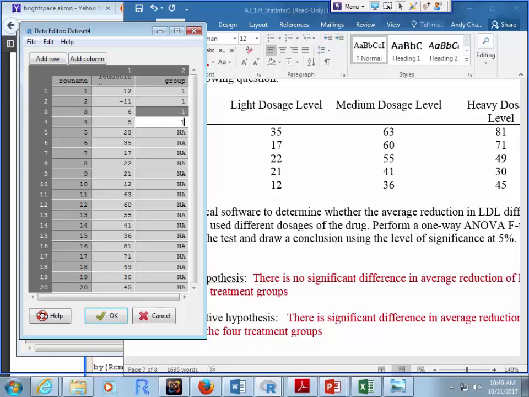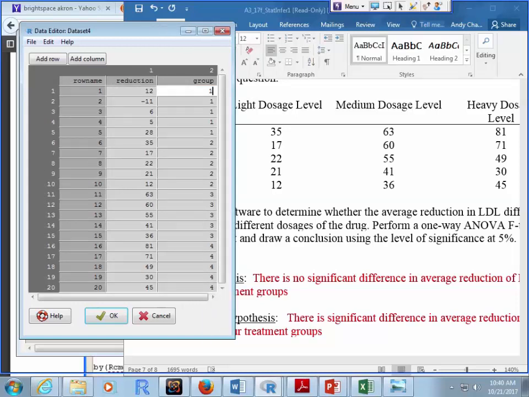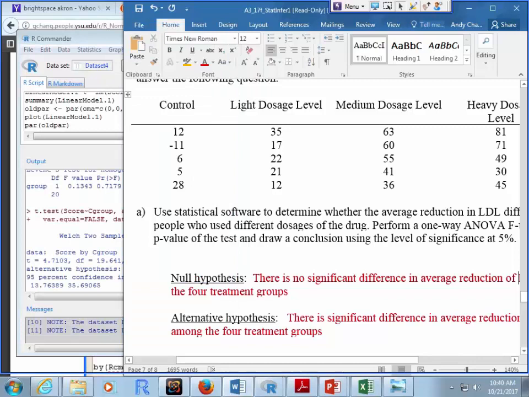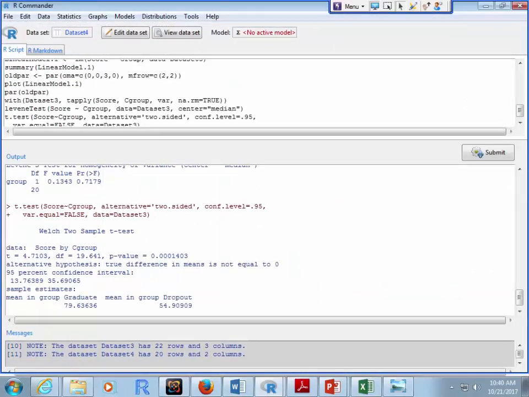Then I have our data entered. This is important: don't put the data in 4 columns, or you're not going to be able to get this. Put in 4 columns, and that becomes a repeated measurement design, which is a different design. So click OK.